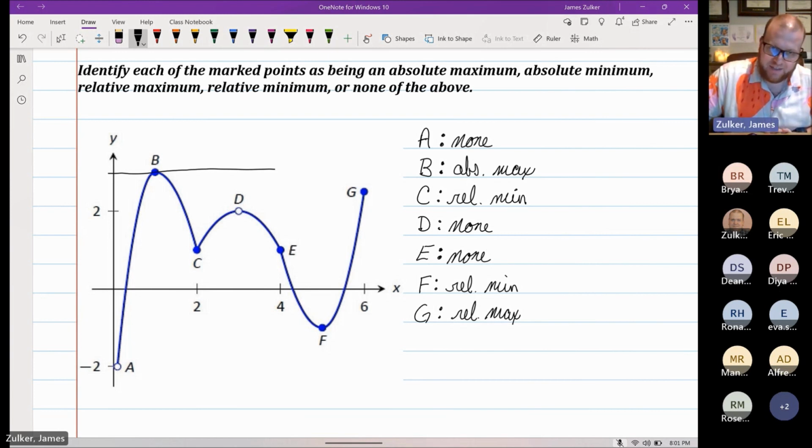At C, it's also a critical point, but in that case, the derivative does not exist.